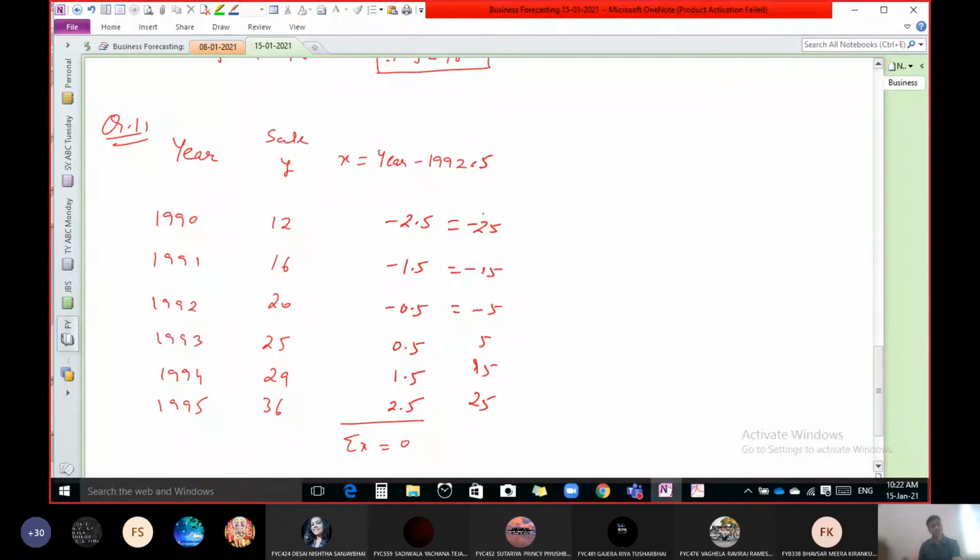So this is the way to change the value into integer. But see, all these values are divisible by 5. So you can divide this by 5. So we get minus 5, minus 3, minus 1, 1, 3 and 5. So now it's very easy.